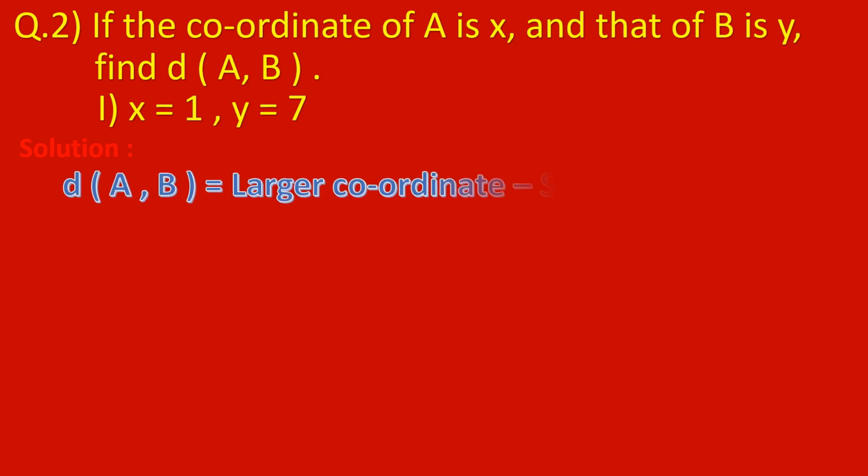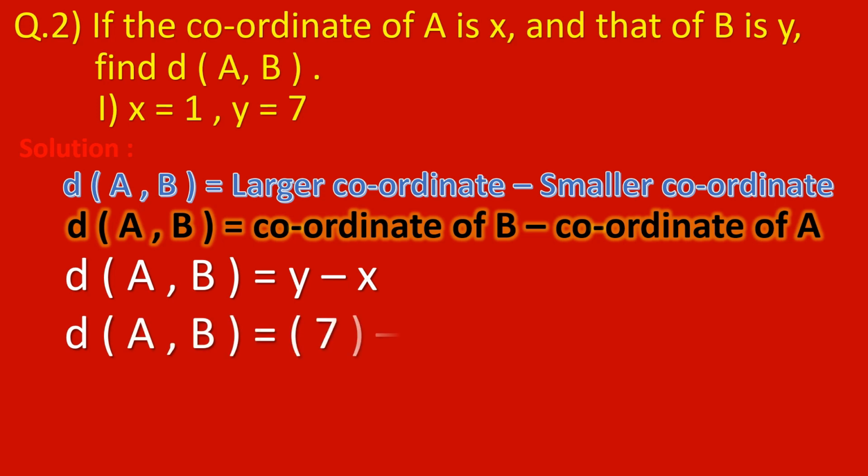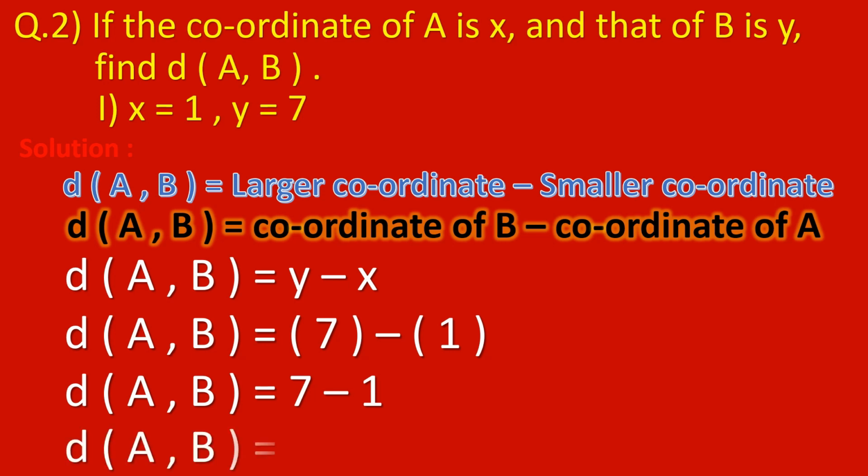Y is coordinate of B. Therefore, larger coordinate is B and smaller coordinate is A. Distance AB is equal to coordinate of B minus coordinate of A. Coordinate of B is y, coordinate of A is x, therefore distance of AB is equal to y minus x. Y is 7 and x is 1, therefore distance of AB is equal to 7 minus 1. 7 minus 1 is 6, therefore distance of AB is equal to 6.